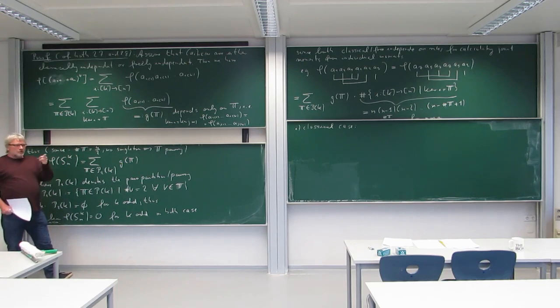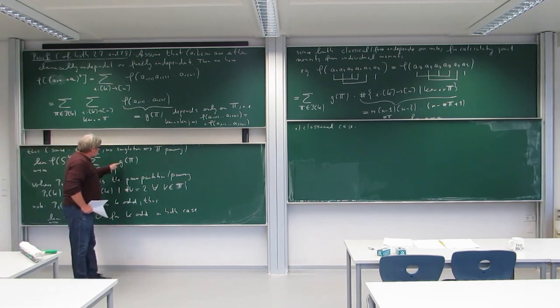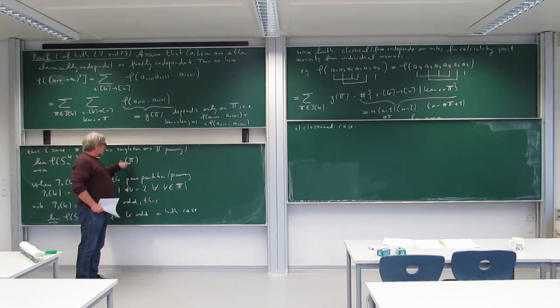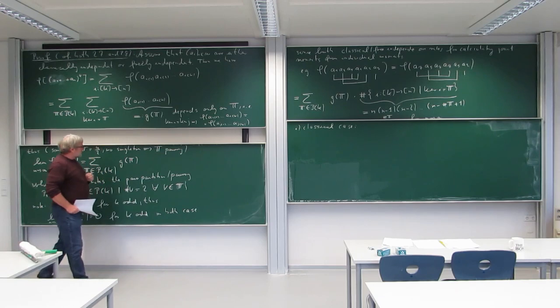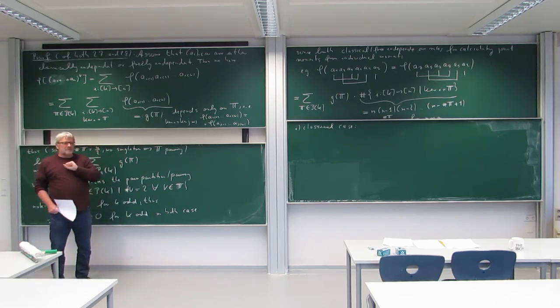Because the kernel tells me the positions where the same variables appear, and if each block has two elements, this means every random variable appears exactly twice. So to calculate g of pi, I take the situation where I have a pairing, and then I just look at the situation where exactly each variable appears twice at these positions of the pairing.